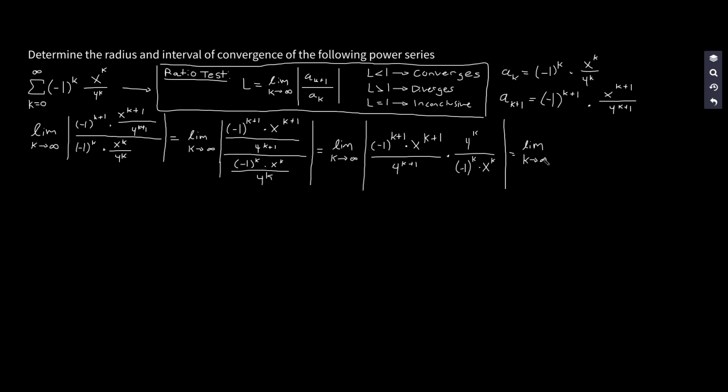The limit as k approaches infinity. So how do we want to regroup this? I think that all the bases should go together. So we're gonna have three separate fractions.